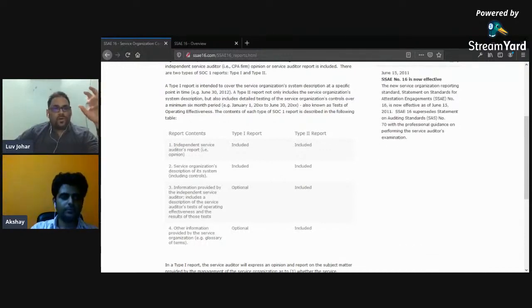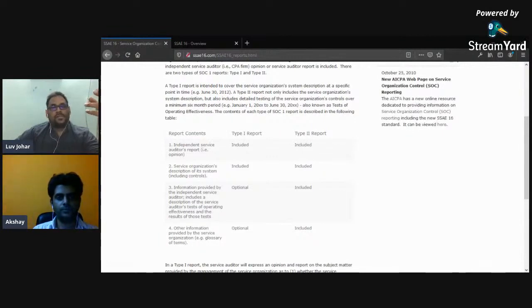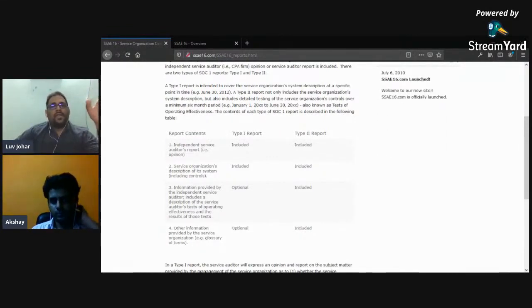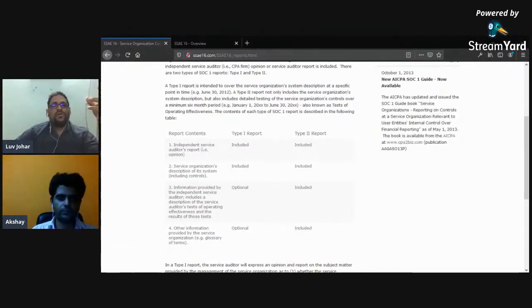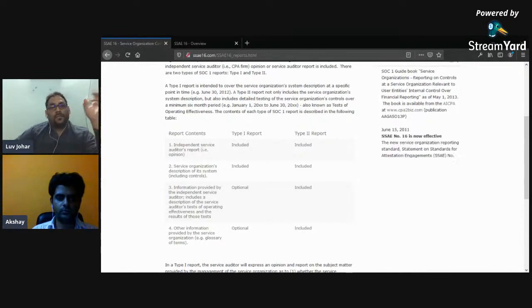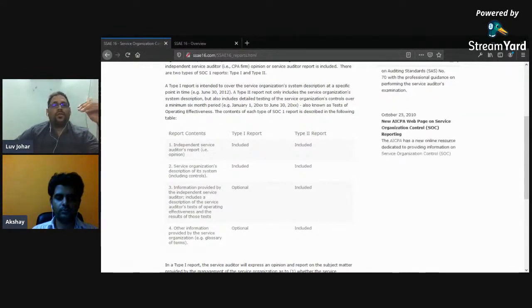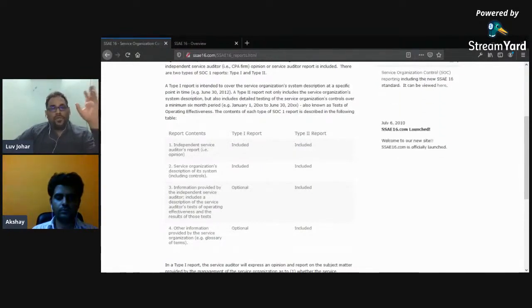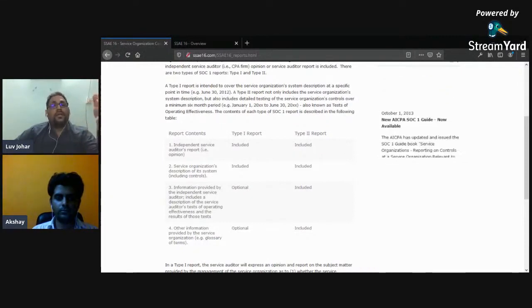SOX was designed by the U.S. Congress in order to take care of the frauds that were happening with financial data in different companies. That's where the Sarbanes-Oxley Act came into play. It primarily focuses on making sure that the internal controls implemented ensure the financial data coming out on the financial books is accurate.